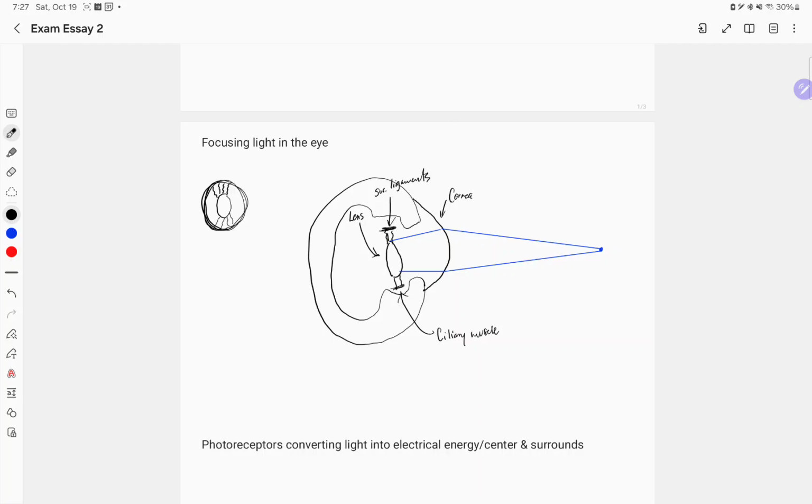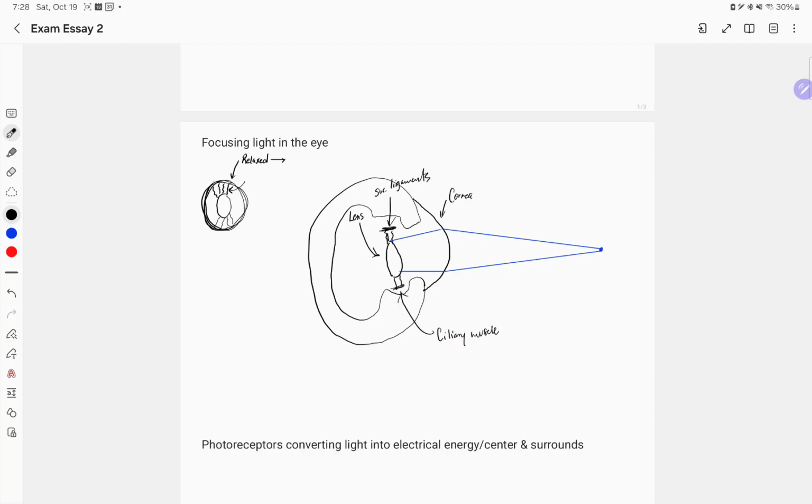And what happens is, when this ciliary muscle is relaxed, that causes these suspensory ligaments here to actually become taut.